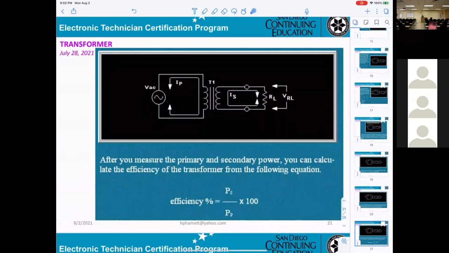After you measure the primary and secondary power, you can calculate the efficiency of the transformer from the following equation: efficiency percent equals PS divided by PP, power of secondary divided by power of primary, times 100%.